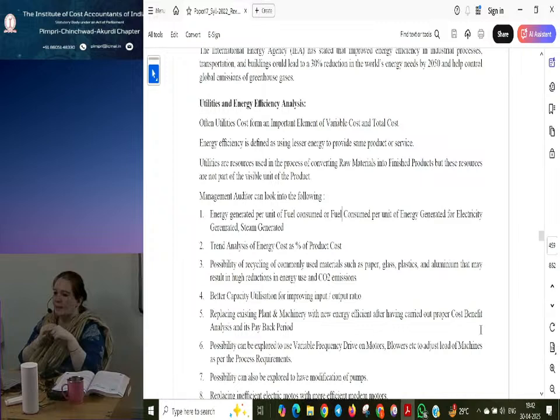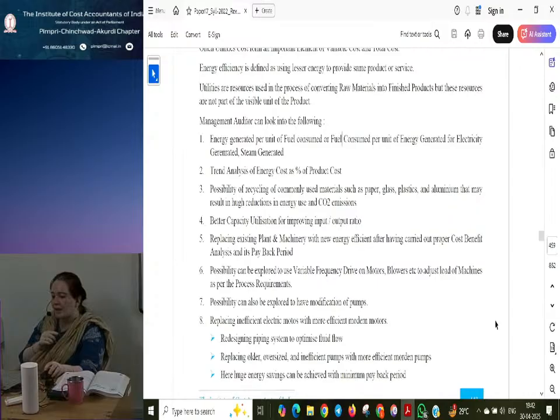But it's a one-time cost that you invest so that you save energy over the life of that particular asset. It's a tough decision to replace plant and machinery because it's part of your capital budgeting decision, which needs to be carefully planned and executed, and it's highly capital intensive in nature.